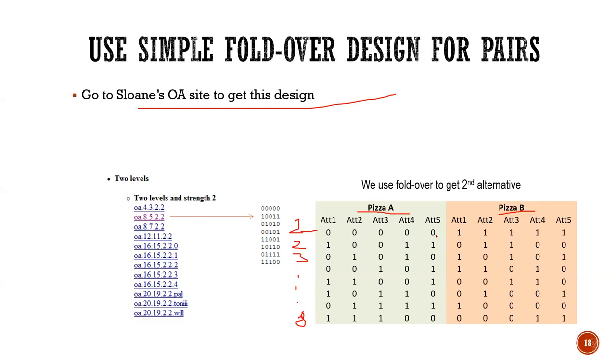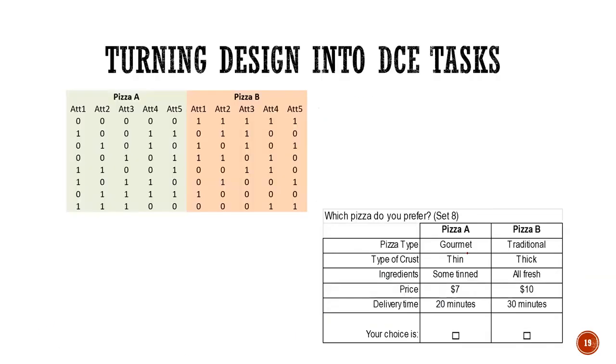To create the design for pizza B, that is the direct competitor, you simply fold over. That is, you change from 0 to 1. You just flip the numbers and you will get the alternate design for the competitor. So these are all zeros, these are all ones. When you show the option pizza A to the consumer, you're going to show all base levels, that is gourmet pizza, thin crust, thin ingredients, price of $7, and 20 minutes delivery time.